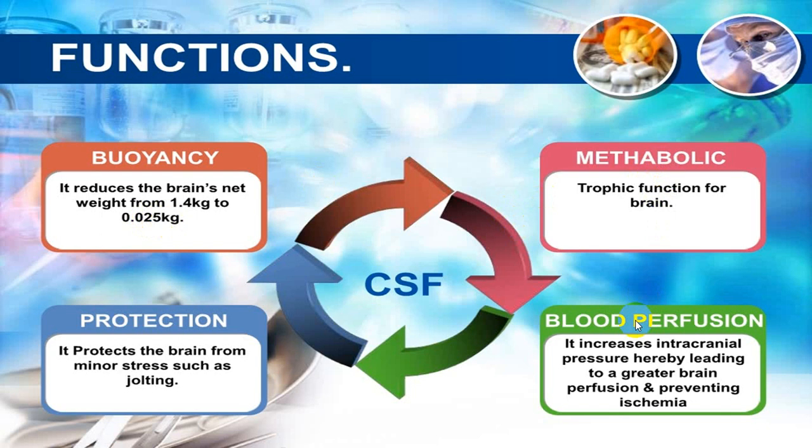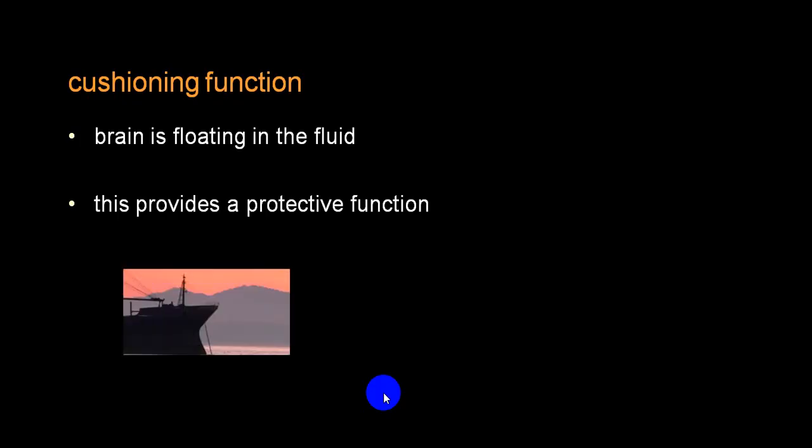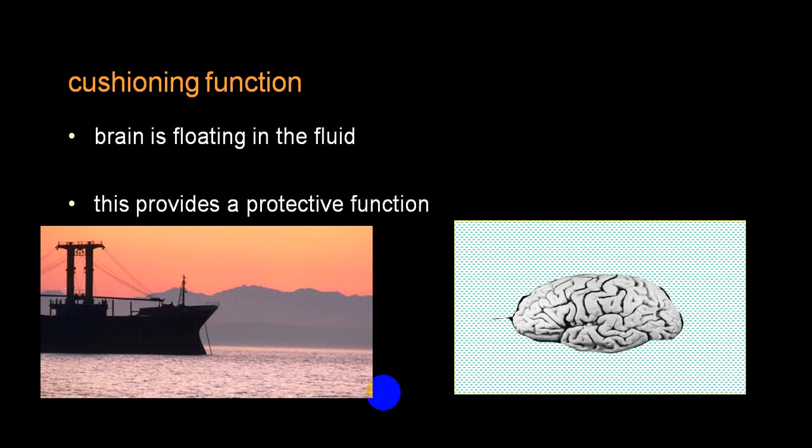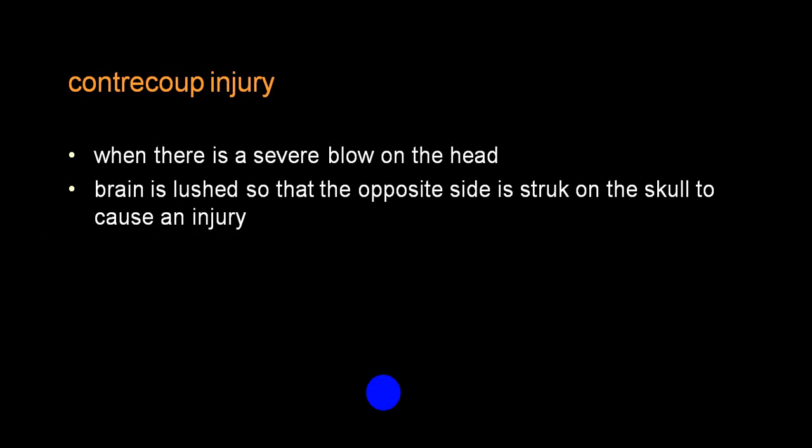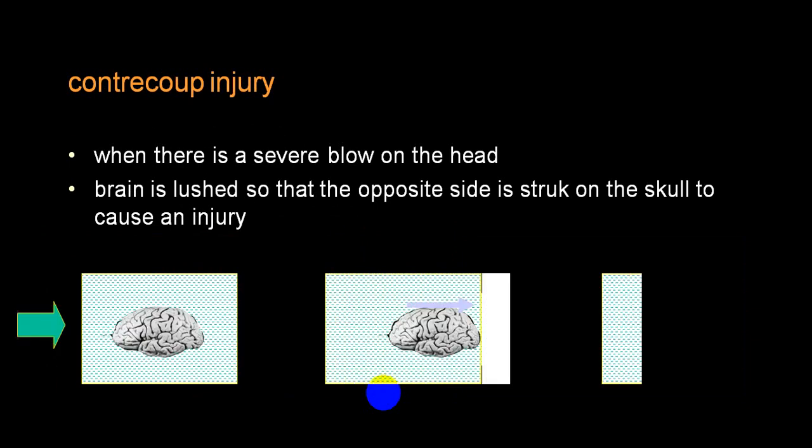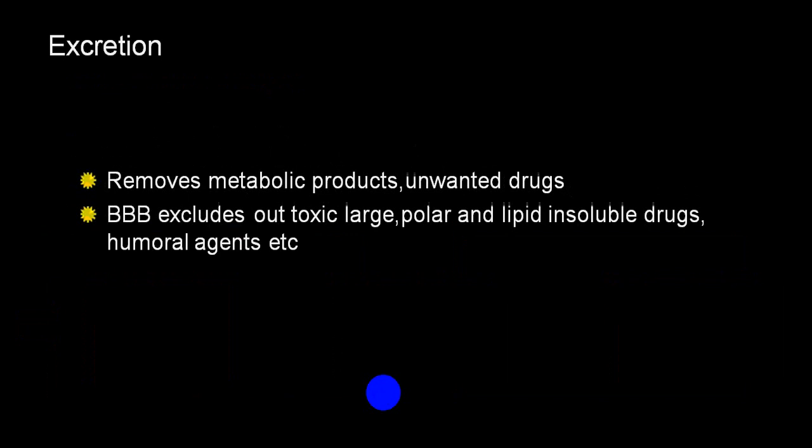Metabolic function and perfusion means providing nutrition as well as removing waste products, and protection. So the combined effects: cushion, counter-coup injury is prevented because of movement, and removing the waste products which are toxic.